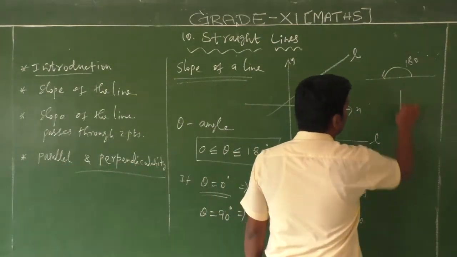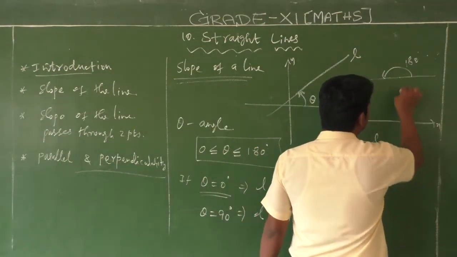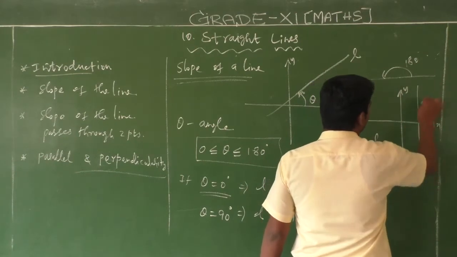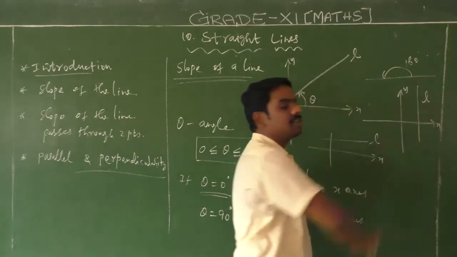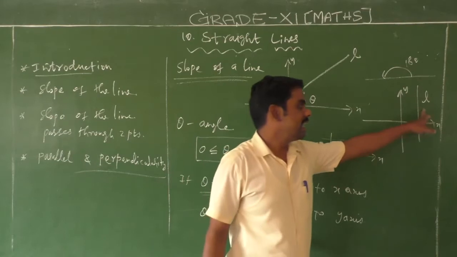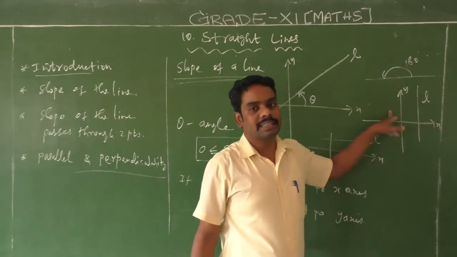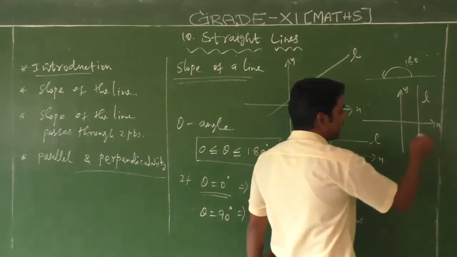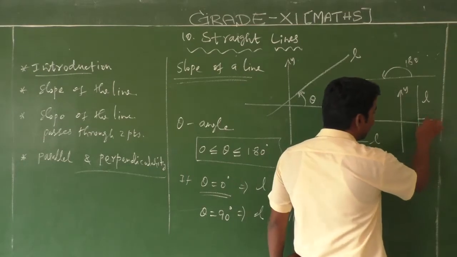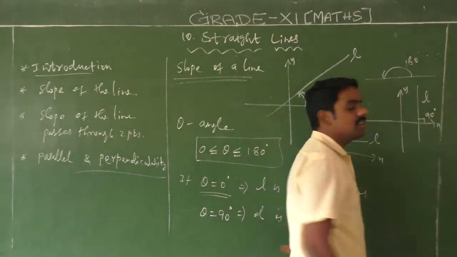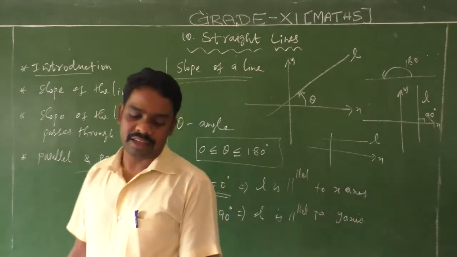See here, this is the x-axis, this is the y-axis, the line L. This line L is parallel to the y-axis. The angle of inclination with the x-axis positive direction is 90 degrees.